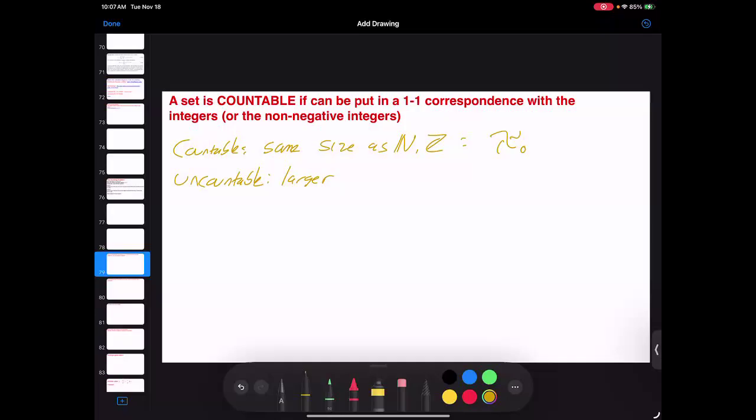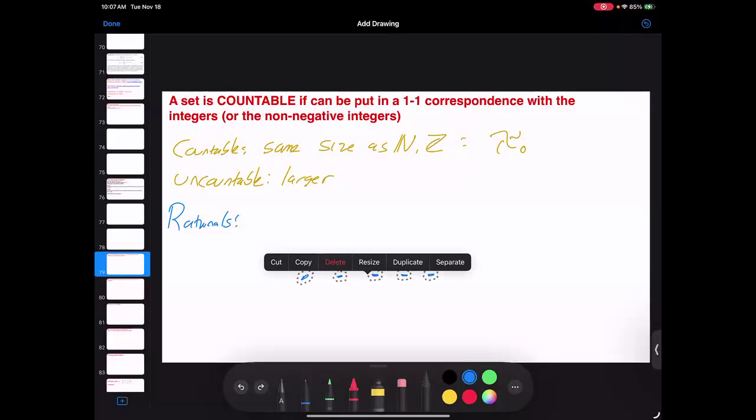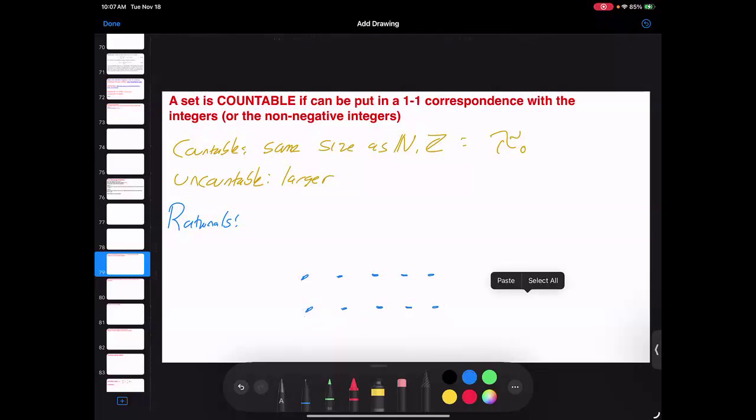So if I give you the rationals, one way to show that they're countable is I can make a grid.